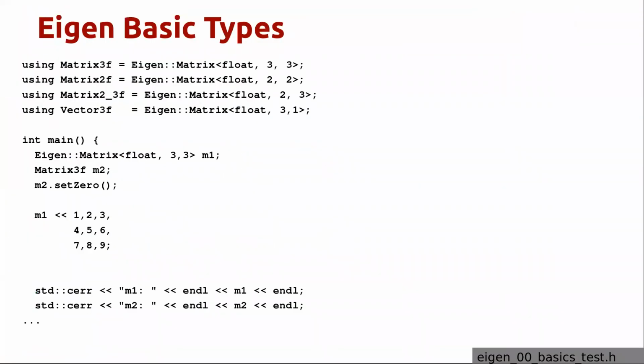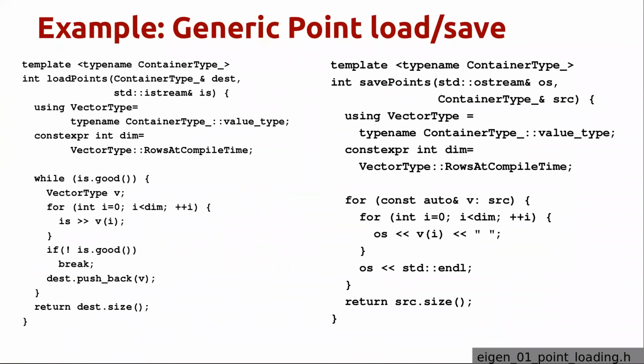Let's write a generic function that loads into a container a variable, so that if you give it a container and you give it a stream, it will infer from the container the type of the elements of the container.